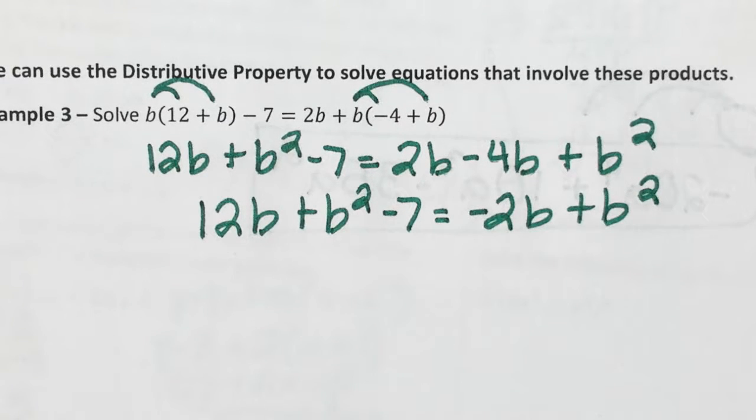Okay, so the problem here is, think about when you're solving an equation, your goal is to get the variable by itself. So when you have a problem like this, it makes it a lot harder because you have b and you have b squared. So are those like terms? No. That means you can't combine them. There's no way to get a b and a b squared together and make them one b. Does that make sense? Okay, so in this problem, what we're always going to try to do is get all of our variables just on one side.